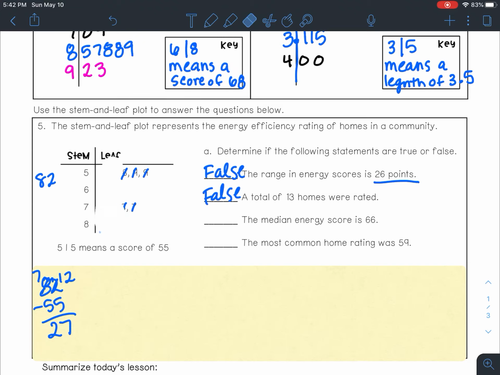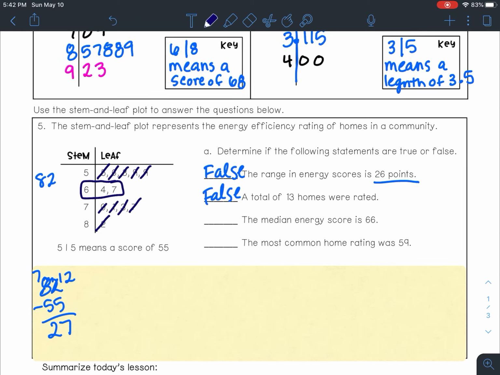The next one says the median energy score is 66. Now these are already in order from least to greatest, and we just have to cross them off from the beginning and then the end. So I have crossing off the 82, the 55, the 77, the 56, 73, 58, 71, 59, 70, 59, and I'm stuck between 64 and 67.